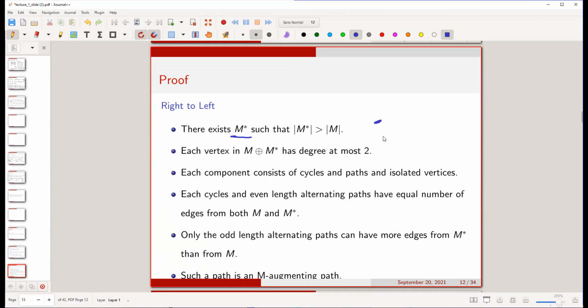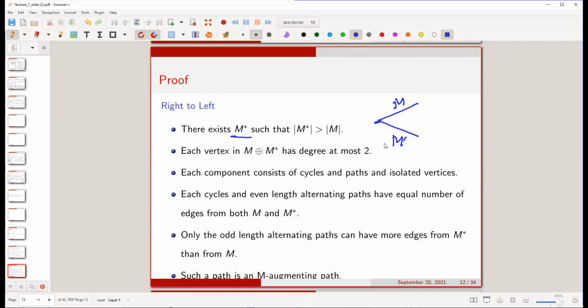If we take the symmetric difference between two matchings, then each vertex will have degree at most 2. Why so? For each vertex, there can be at most one edge that is coming from M and one edge that is coming from M prime, but it cannot have any more edges incident to it. So for each vertex, in the symmetric difference, we'll have a degree at most 2.